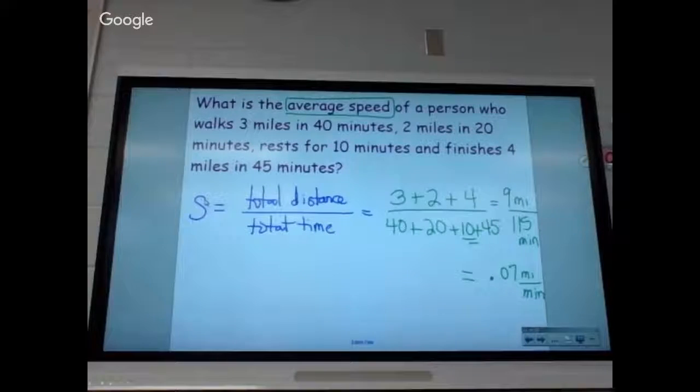These people were on a pretty leisurely pace. Well, actually not. When you consider 3 miles in 40 minutes, that's not bad. That's pretty good. 2 miles in 20 minutes, it's not terrible. All right. Now, questions. How is this different from the last type of question we're going to do?